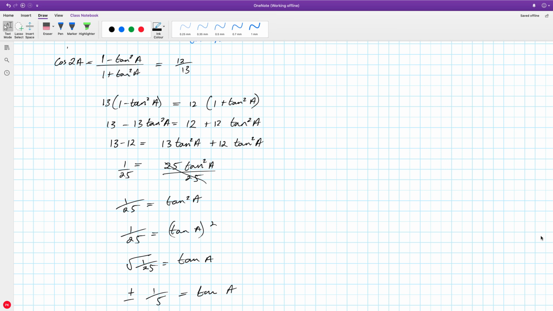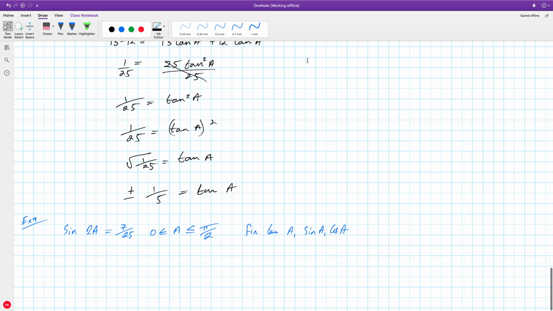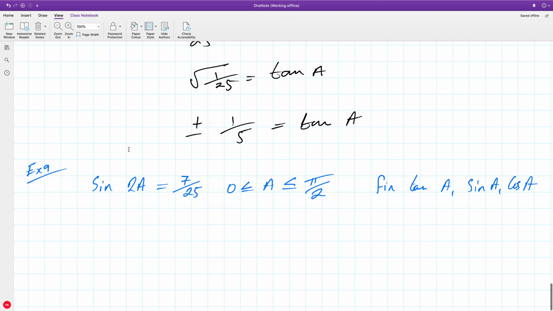Right, have a little look at it. I think we're all fairly on the same road by the looks of things. Right, so the sine of 2a is equal to 7 over 25.